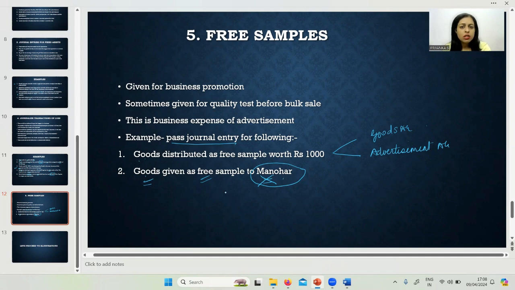So goods are given, but they are not given for some recovery from Manohar, it is just given for the purpose of advertisement. So it's just a closure of that transaction by taking again the same, that is goods and advertisement, nothing else.